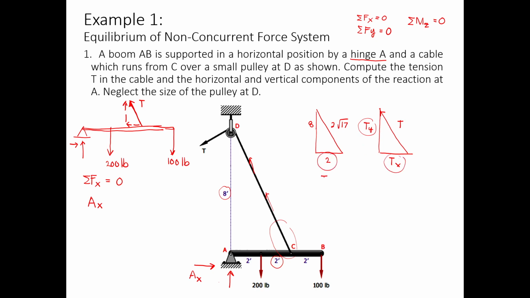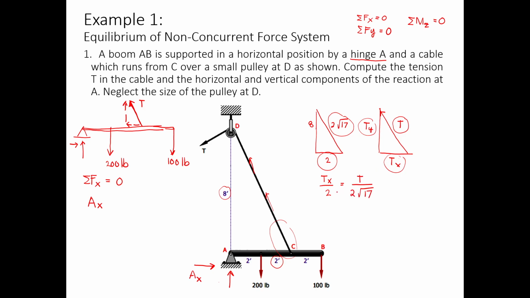That will be T x over 2 equals T over 2 square root of 17.